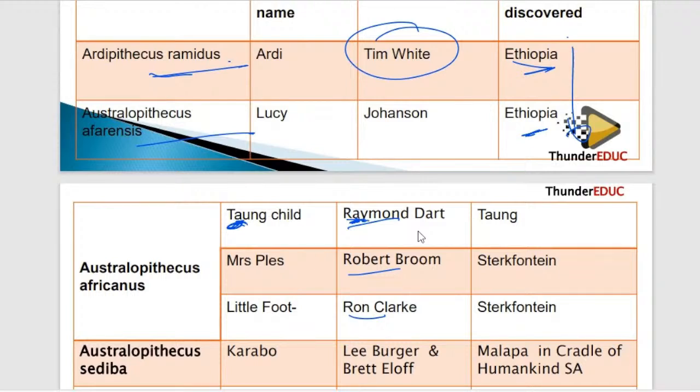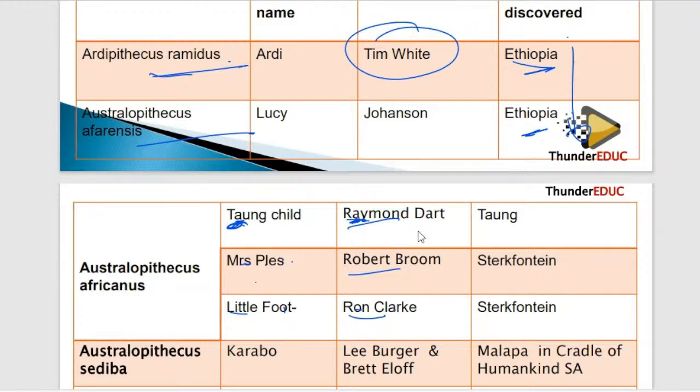So now you know it. So now the rest you can know. Ron Clarke, Little Foot. And then Mrs. Ples, actually it's called Mr. Ples, but I don't know if they credit it if you say Mr. Ples.